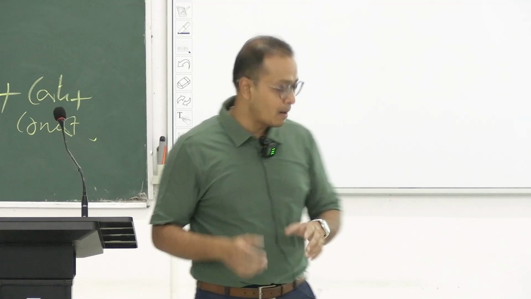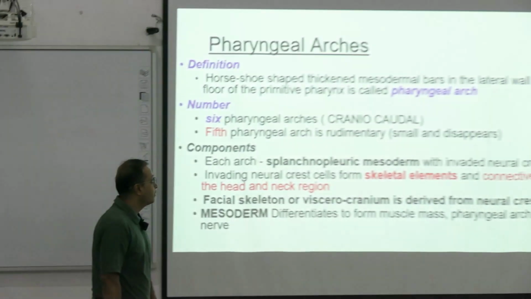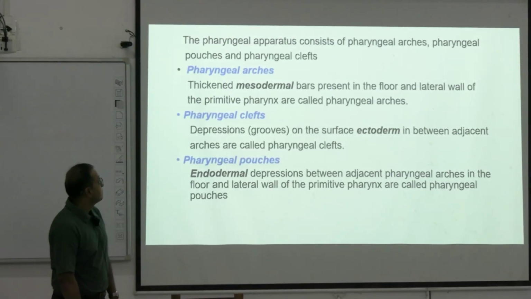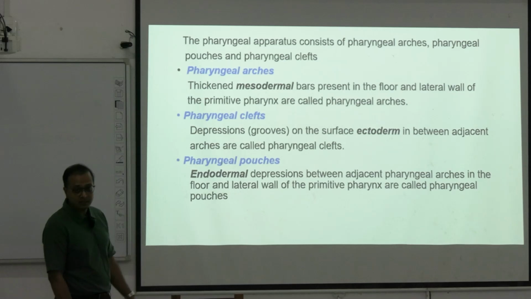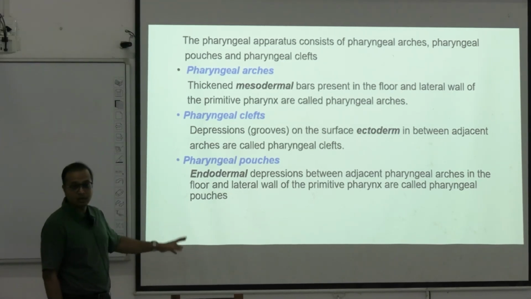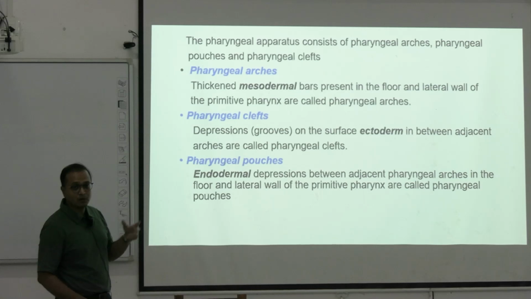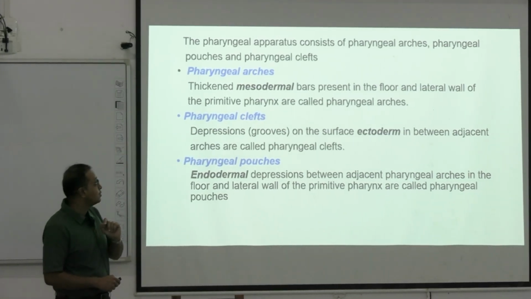So again, we have to understand this basic thing, the pharyngeal components. We have three things to discuss: the pharyngeal arch, what we mean by it; the pharyngeal cleft; and the pharyngeal pouch. Together we call them the apparatus. Each of these arches has a mesoderm core inside, with ectoderm and endoderm outside.